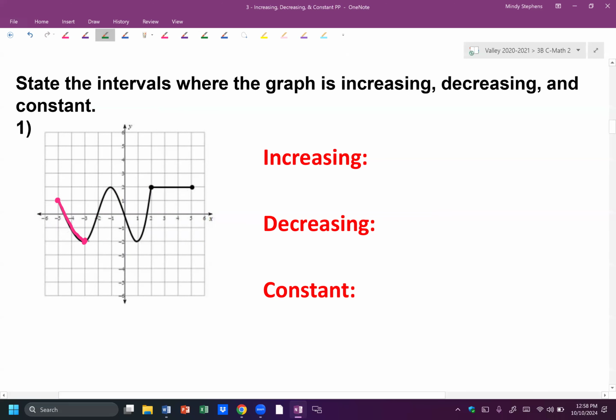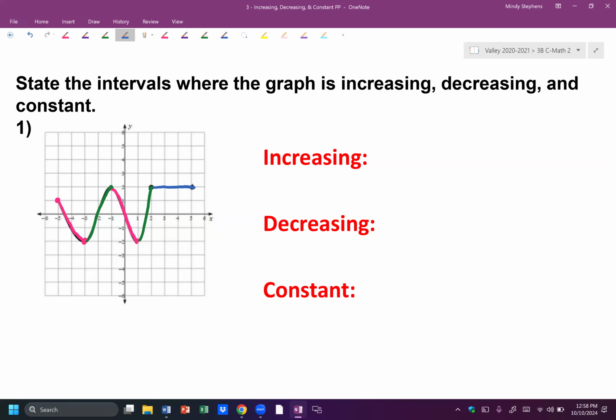Then starting there, it starts to increase to this spot. So that piece is increasing. Then I go back down, so it's decreasing again. So just watch for a second. And then it's increasing again. And then it's constant. So does that make sense?